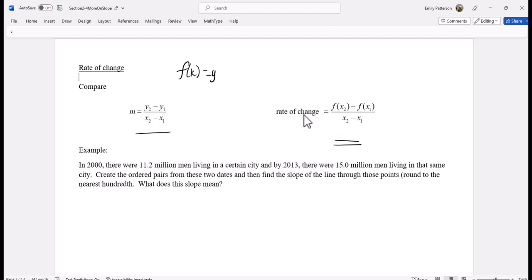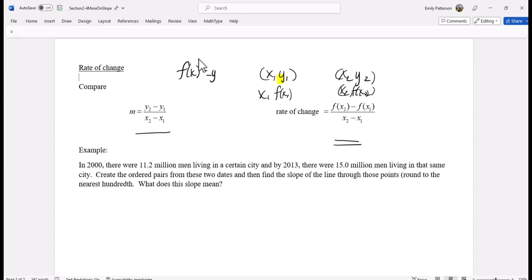And so if you'll notice here, when we have points of the form x1, y1, or the form x2, y2, when we're creating our slope formula, it's the same thing as saying we have our x1 and then our function value of x1, and then we have our x2 and our function value of x2. So it's the same item, it's just using the function value instead of y.